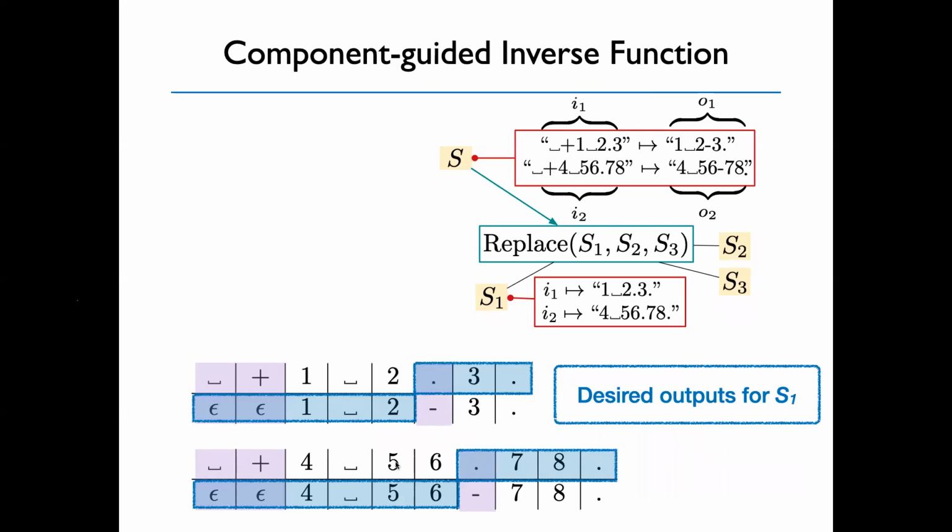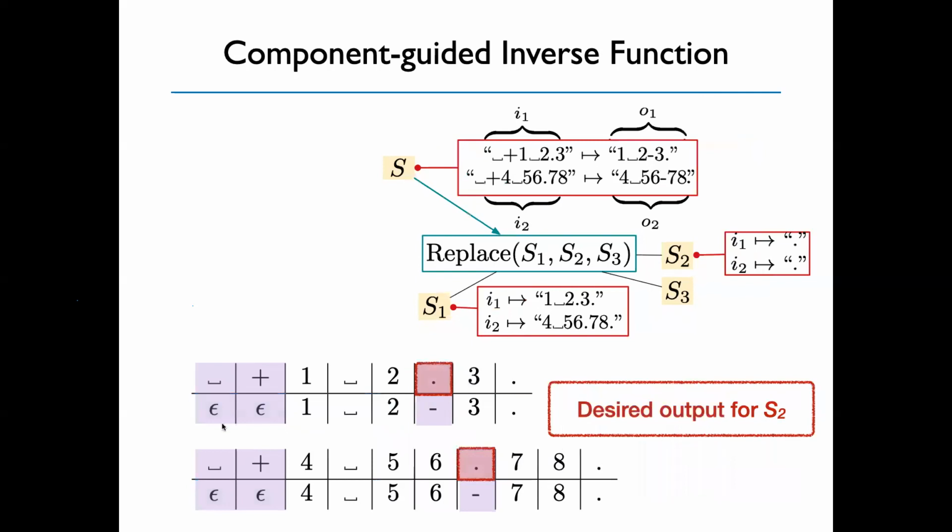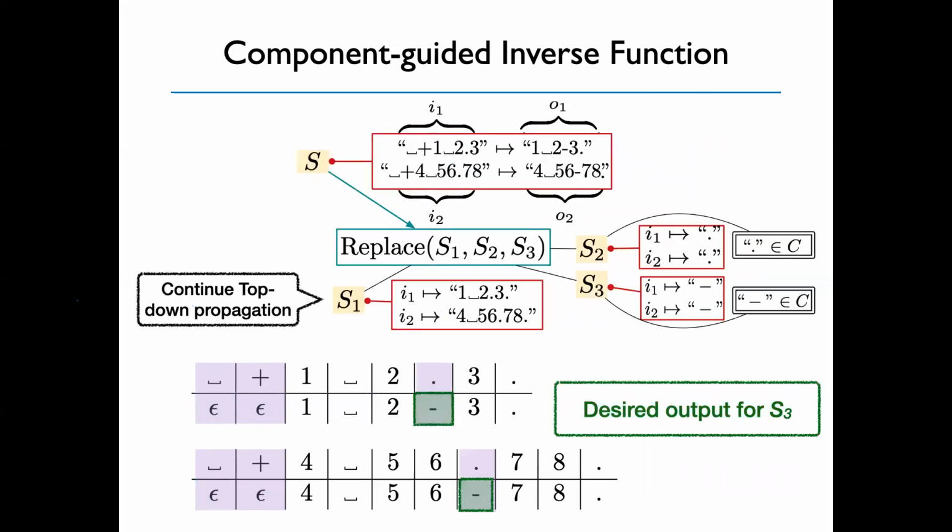The part highlighted in blue represents the desired output for the first argument expression, the part in red represents the desired output for the second argument expression, and the green represents the desired output for the last argument expression. The subproblems deduced for the second and the last arguments are easily solved with singleton components, hyphen and dot. So we continue decomposing the subproblem for the first argument.